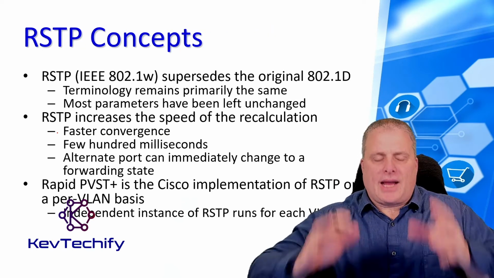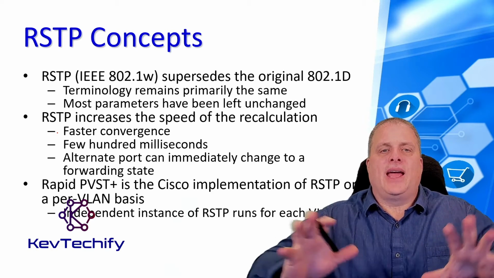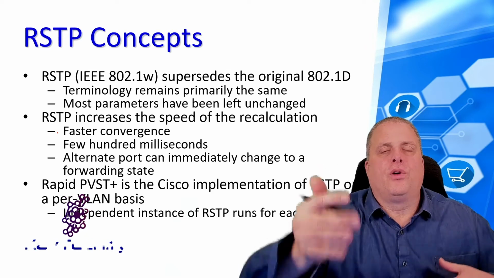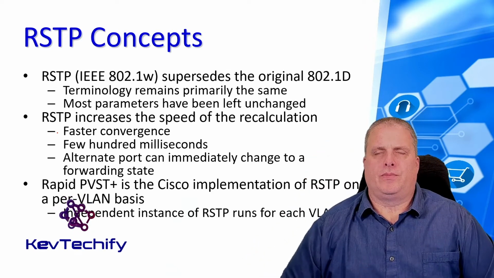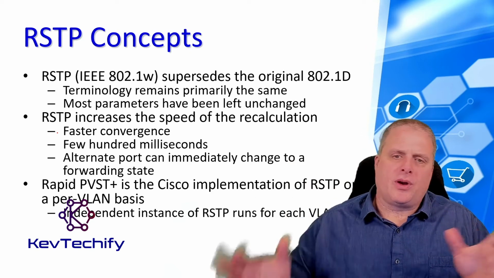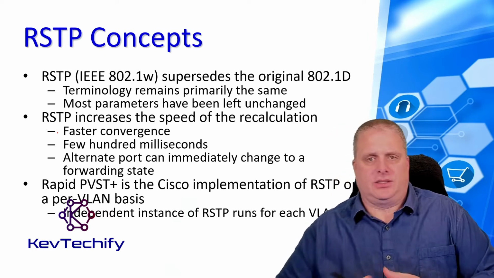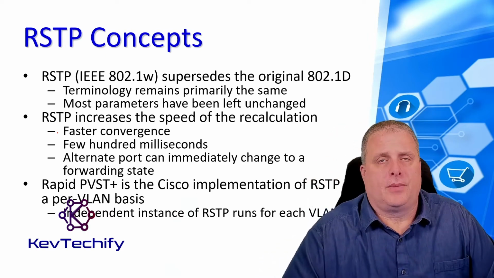Rapid spanning tree, that IEEE 802.1w standard, takes over for the original spanning tree protocol. The terminology is basically the same, with a couple of tweaks. Most parameters have been left unchanged, so default values and settings are all the same.